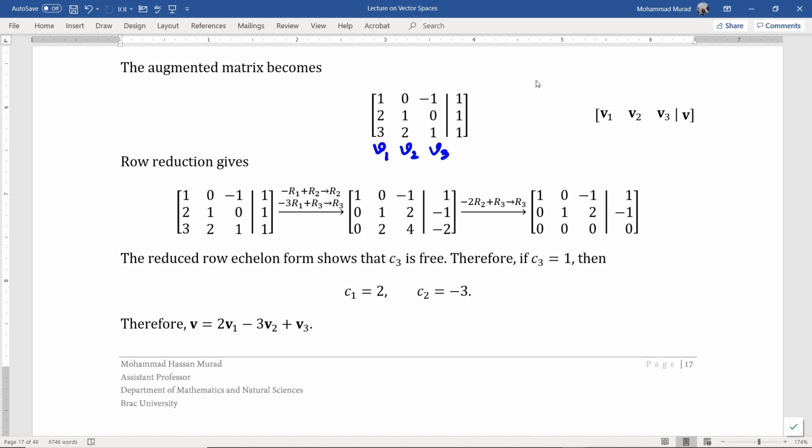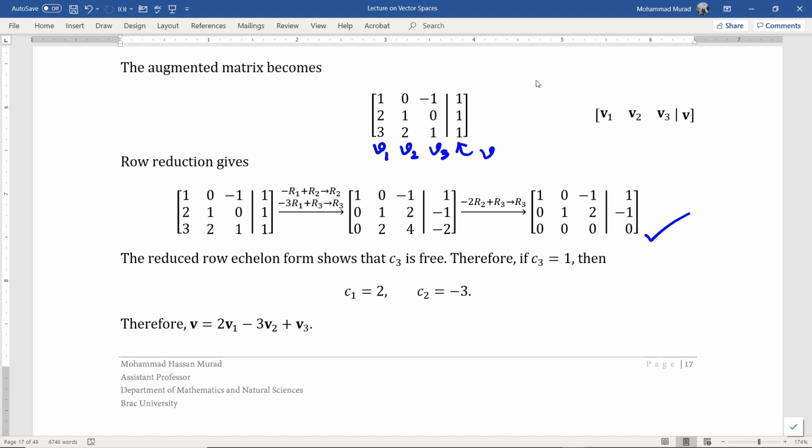And finally, the fourth column contains the components of the vector v that we want to show as a linear combination of the vectors v sub 1, v sub 2 and v sub 3. Now the row reduction gives this augmented system, which is in its reduced row echelon form.